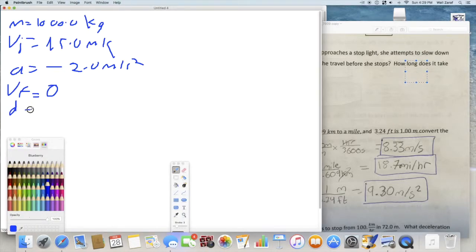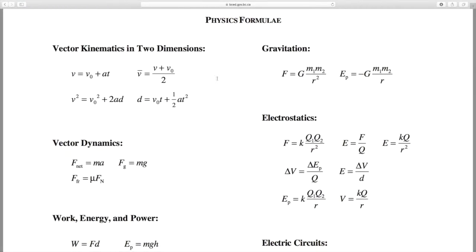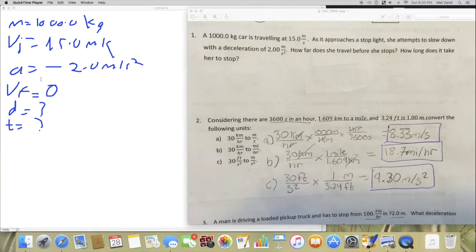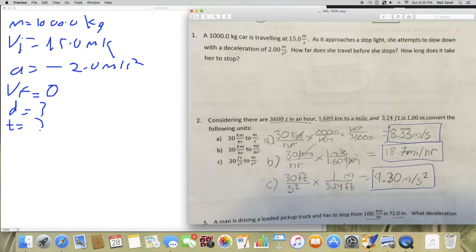So d is question mark, and t is question mark. Let's go with distance first. If we pull out our formula sheet and look at it, we have to find something that includes Vf, Vi, a, and d. By the way, just for the sake of it, m is pretty much useless in this case. We don't even need it. I don't know why I wrote it down.